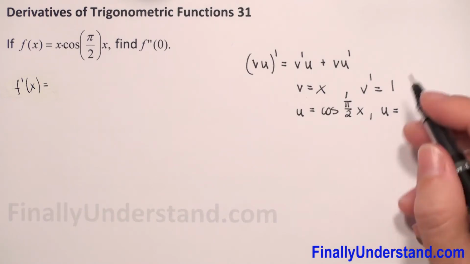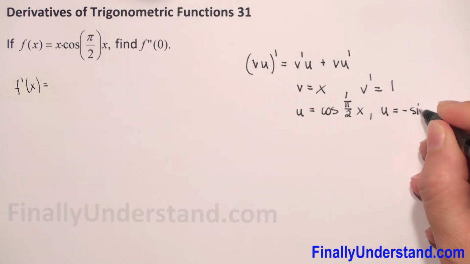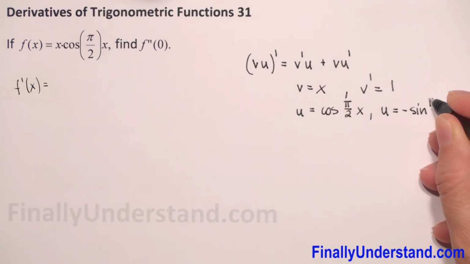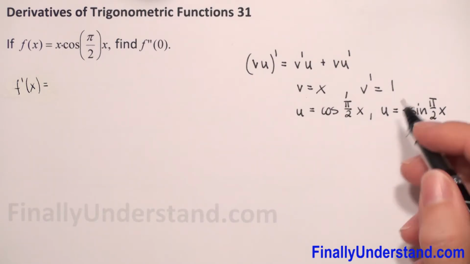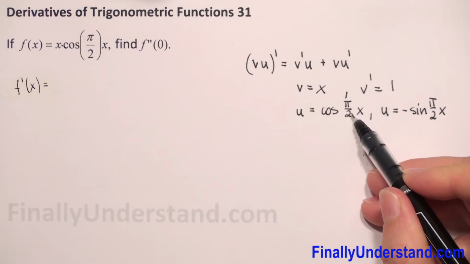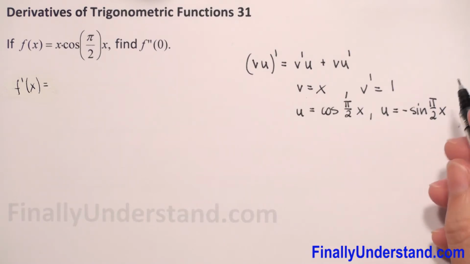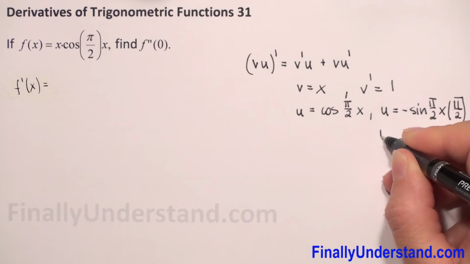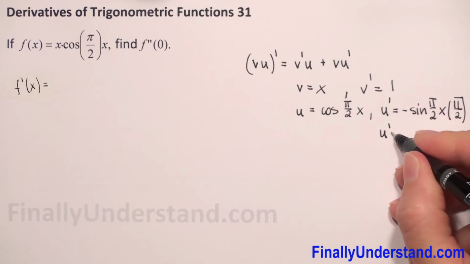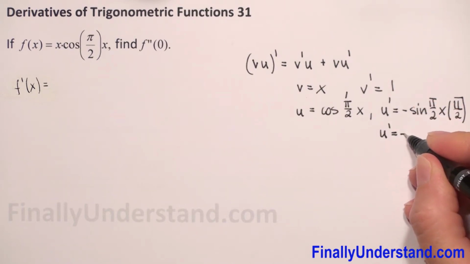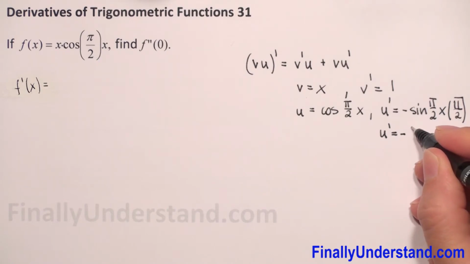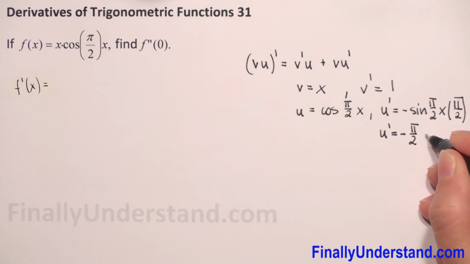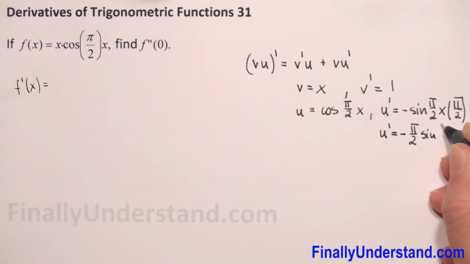The derivative of cosine is negative sine, and we just copy pi over 2x, and next we have to find the derivative of pi over 2 times x. This is pi over 2, so we have times pi over 2. So u prime, of course, is equal to negative times positive, which is negative pi over 2 times sine of pi over 2x.